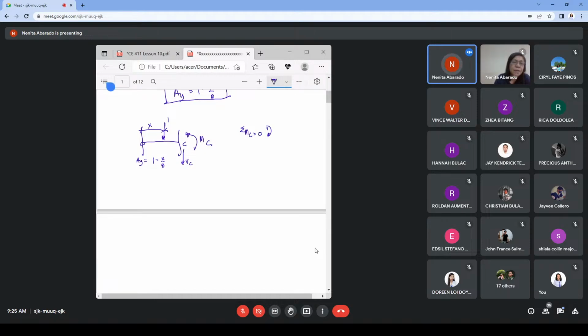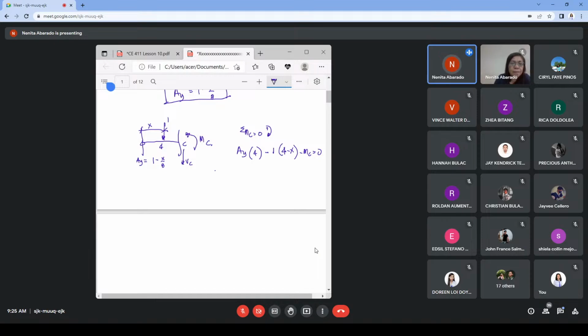So we have AY times 4, minus 1 times 4 minus x, minus M sub C is equal to 0.